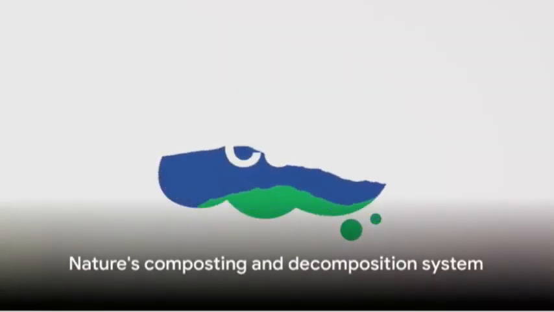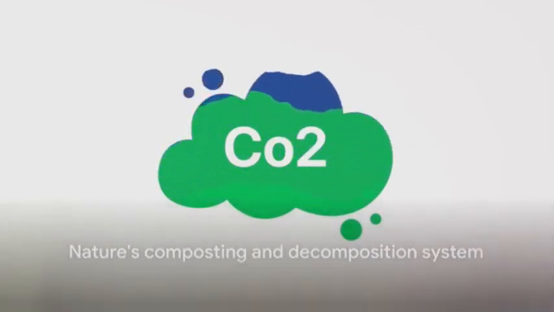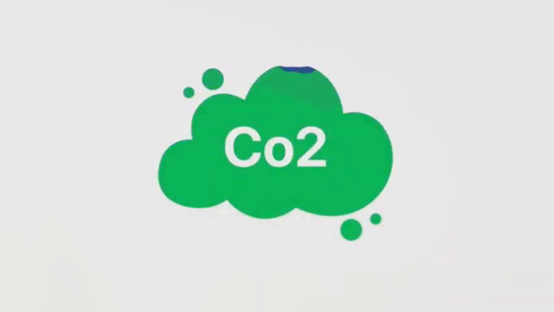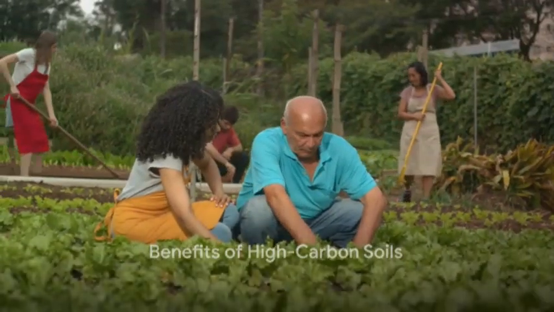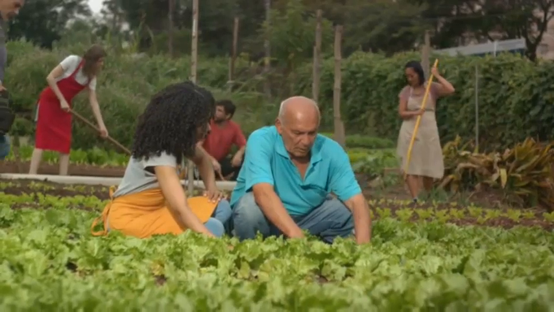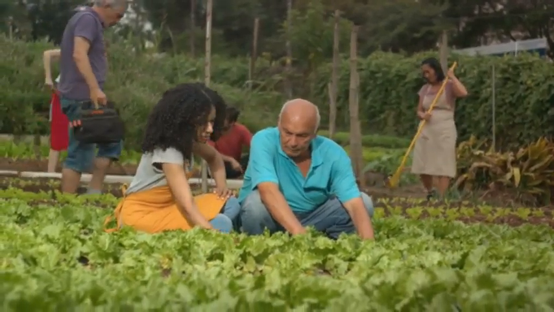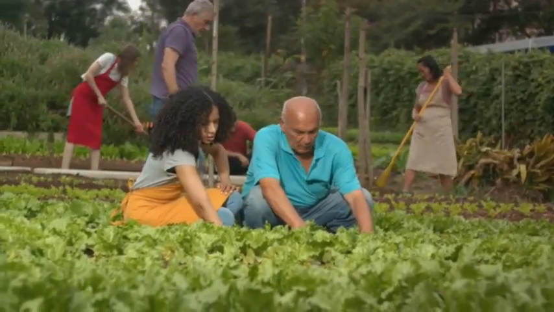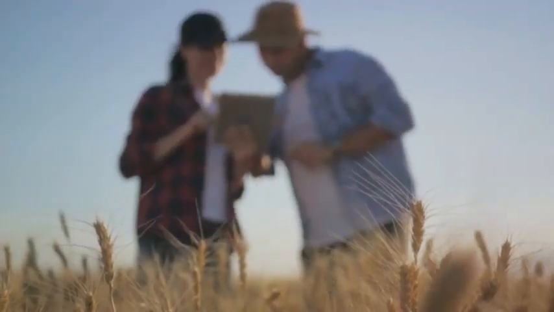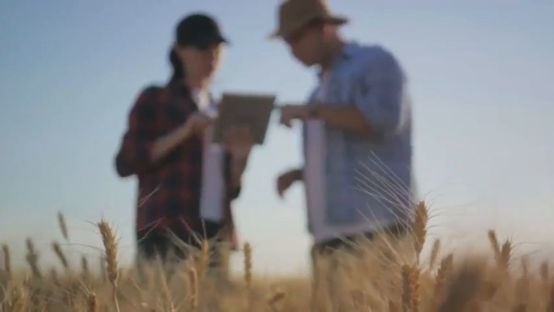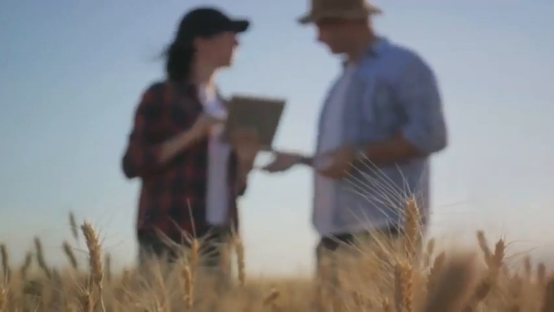This process mirrors nature's own method of composting and decomposition, a tried and tested system that's been around for billions of years. The benefits don't stop there. High-carbon soils are a boon for farmers, promoting better crop growth and resilience against climate change, all while reducing farming costs and risks. By implementing this system, we're essentially localizing farming inputs, reaping cost savings, and improving farming results.